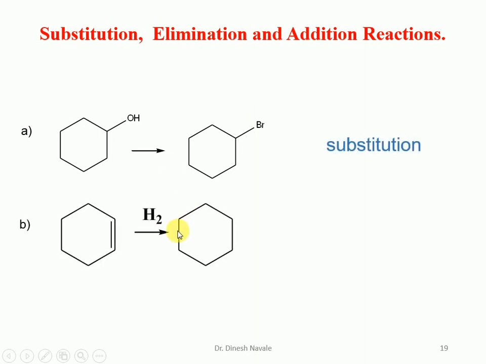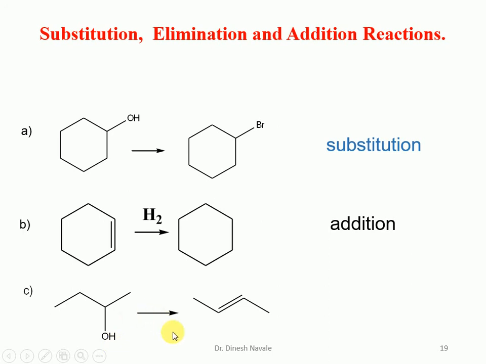In the second example, an unsaturated molecule will be converted into the saturated molecule. That means there is the addition of H2 across the carbon-carbon double bond, so that's why it is the addition reaction. And in the third example, there is a loss of OH from the starting material, so a carbon-H bond is going to break from this carbon, and the carbon-OH bond is going to break from this carbon atom.